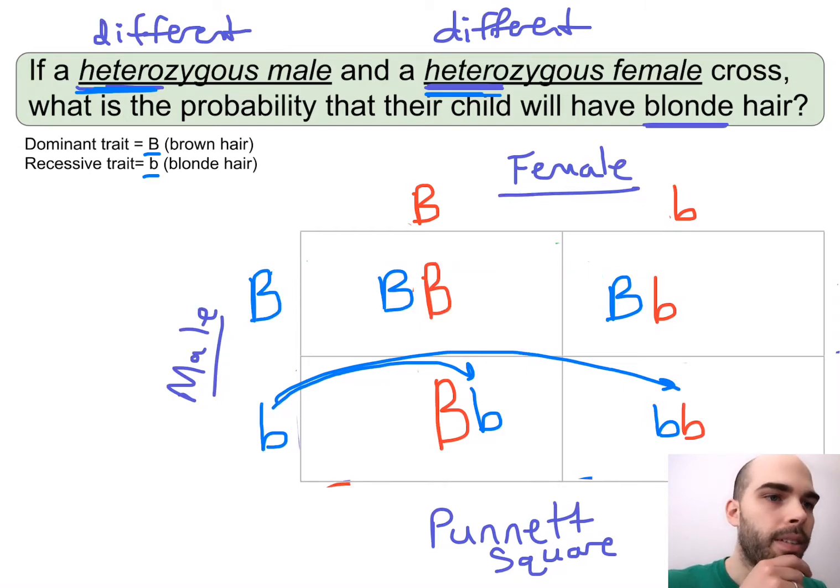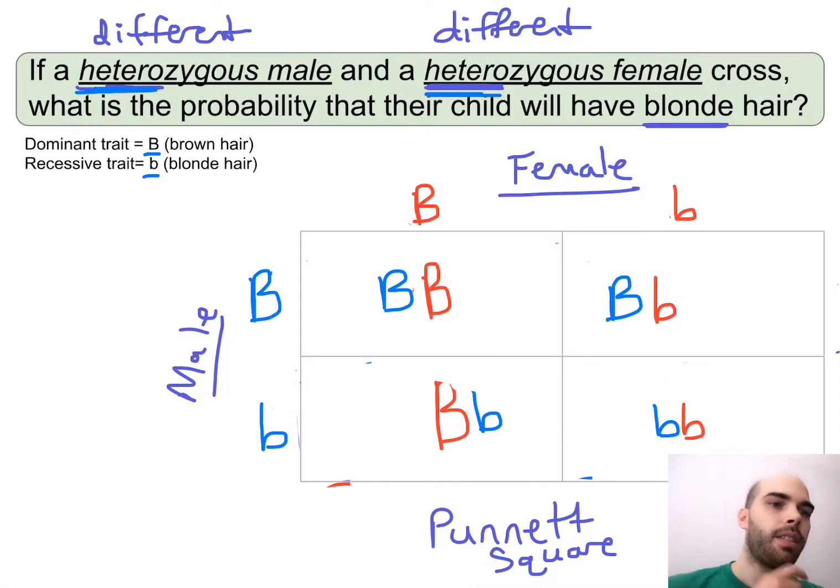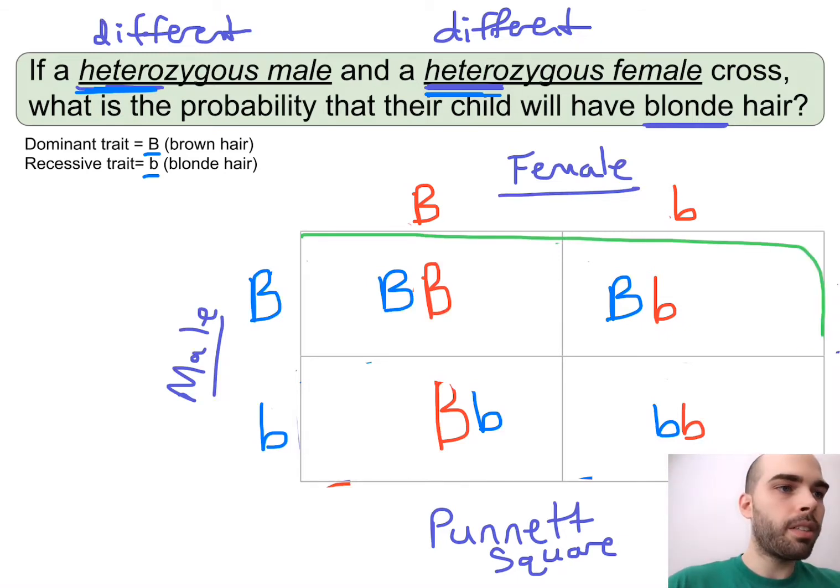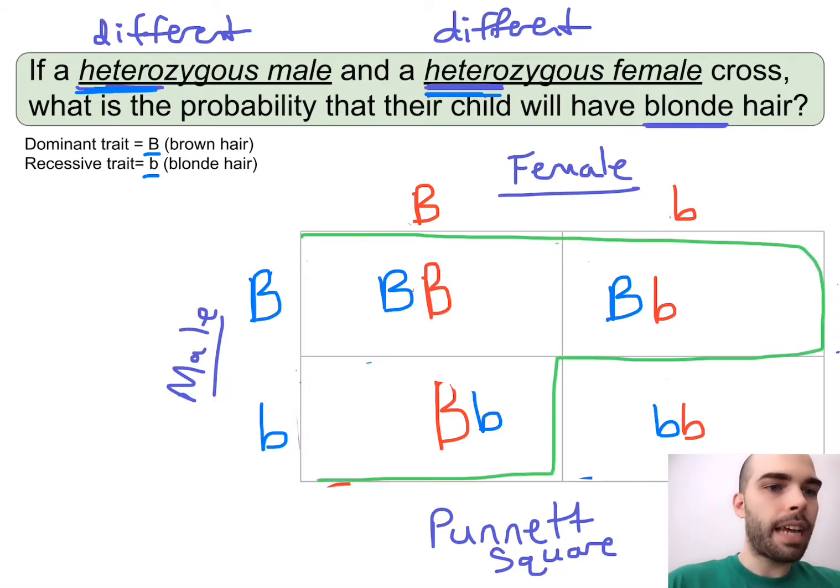And so now you can see that we have 4 boxes filled in. 3 of them, these 3 boxes here, have a capital B. As long as they have a capital B, since that's the dominant trait, these children will have brown hair.